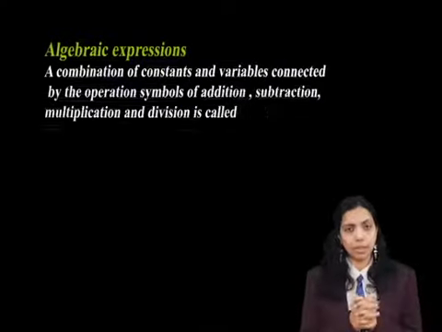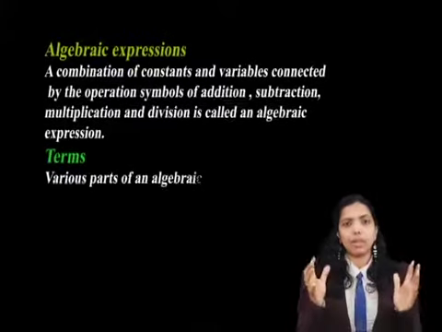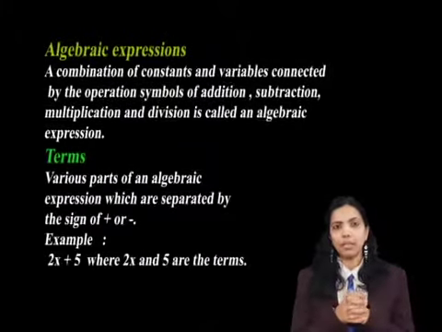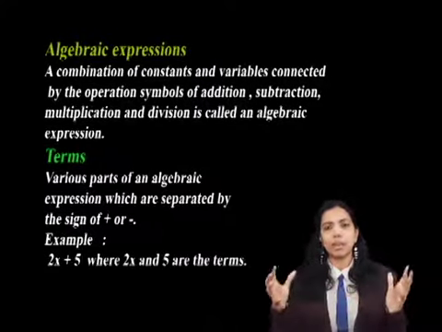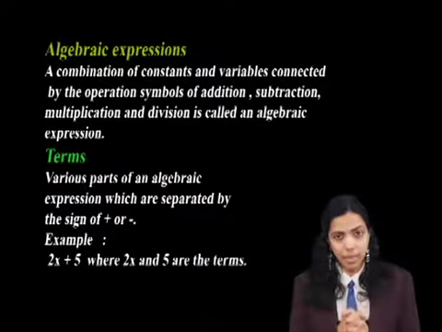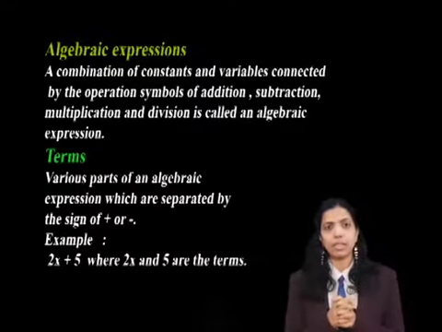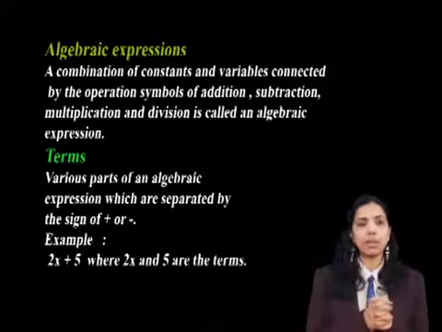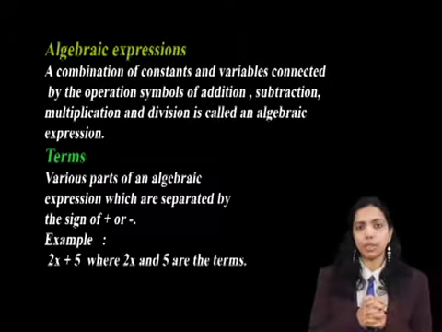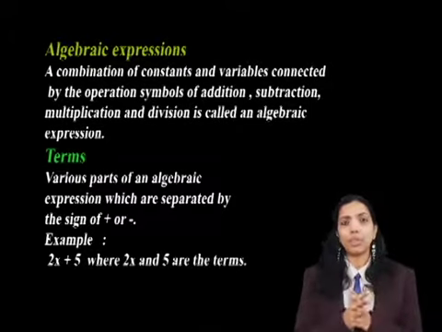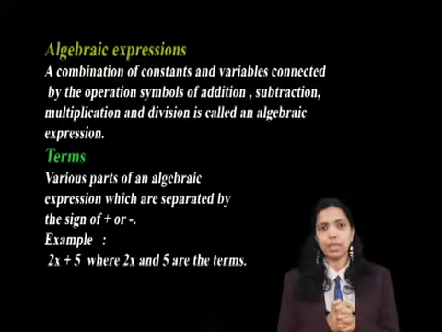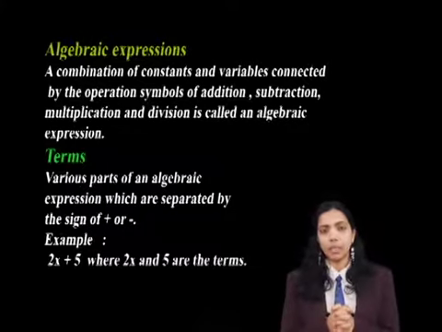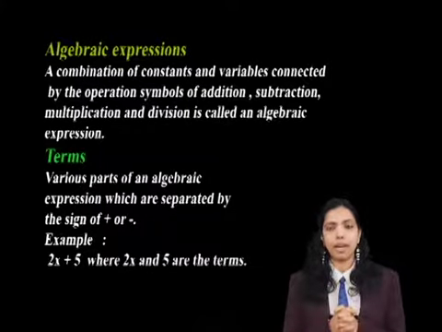So, what is an expression? The terms when we combine using operation symbols plus and minus, we can call it an algebraic expression. So once again, the definition of the algebraic expression is a combination of constants and variables connected by the operation symbols of addition, subtraction, multiplication and division.